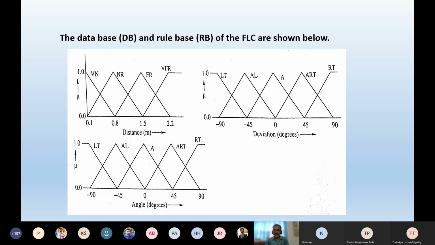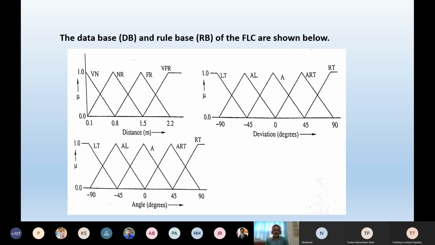And as I told in the last class, and that was pointed out by one of your friends, if corresponding to ahead right I get membership function value, say mu1, and if I get membership function value corresponding to ahead as mu2, whether mu1 plus mu2 is equal to 1.0, the answer is yes.